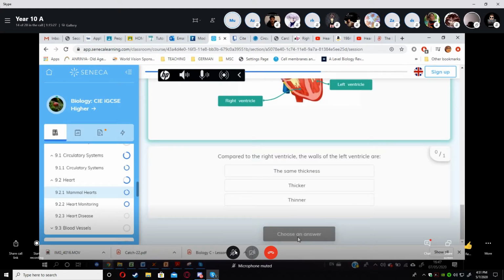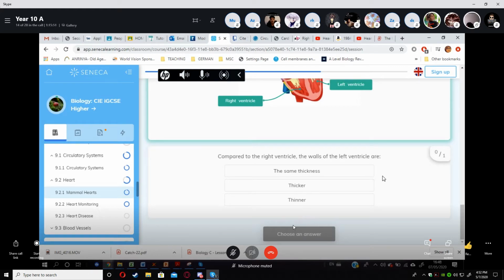Compared to the right ventricle, the walls of the left ventricle are the same thickness, thicker, or thinner? Adan, quickly. Compared to the right ventricle, the walls of the left ventricle are the same thickness, thicker, or thinner? I think it's thinner. Are you sure?